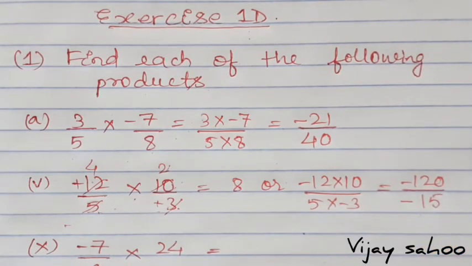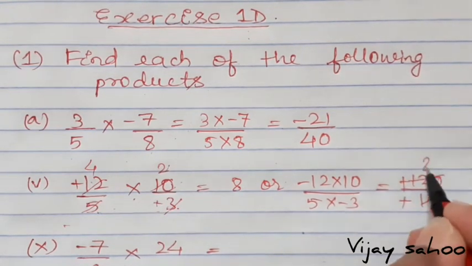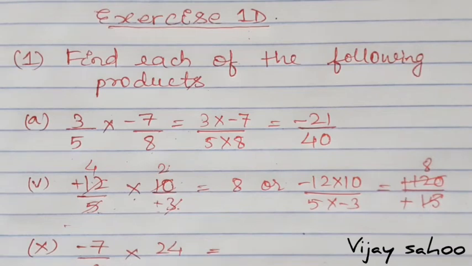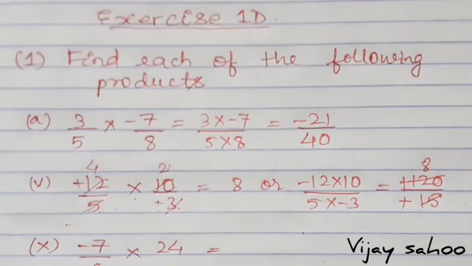So you can see that after getting this value, minus and minus is plus, 15 eights are 120. So your answer will be 8 in this case. Okay. So both the methods are correct over here. You can apply any one of those methods because we have to find the products. It can be done by cancellation at the beginning or cancellation at the last. Both are appropriate. Okay.